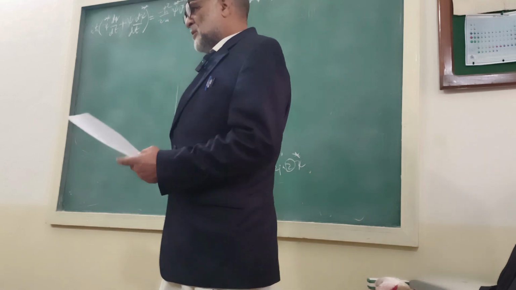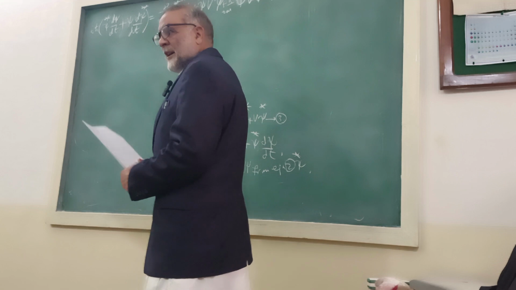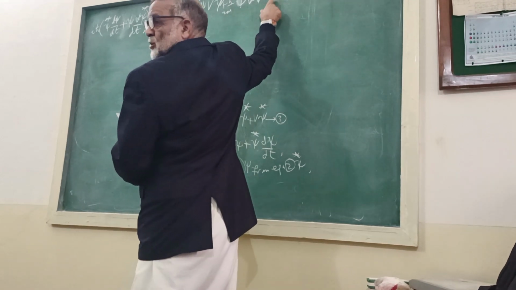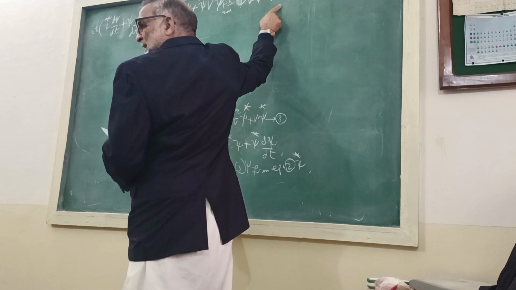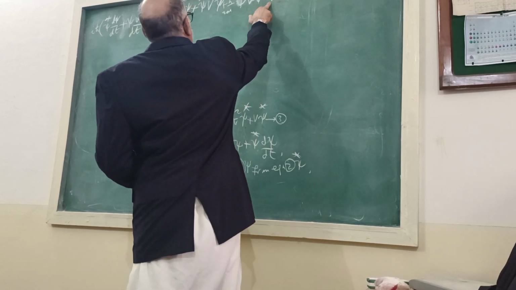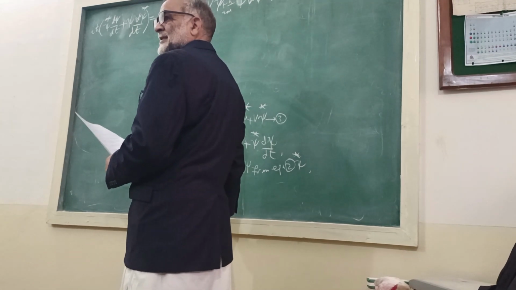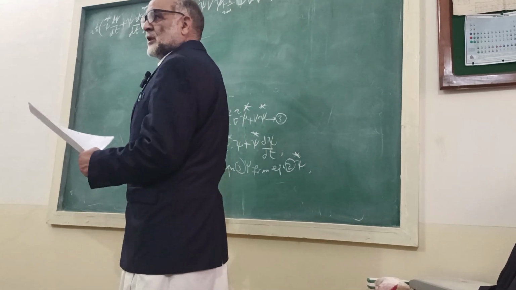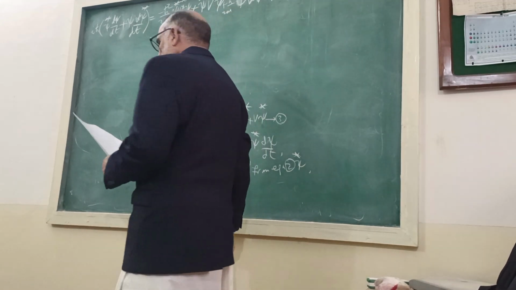It's not a derivative, right? V is a simple function of 1 over r. So this is not going to change these things. So we can bring psi and psi star here, because V is not a derivative.